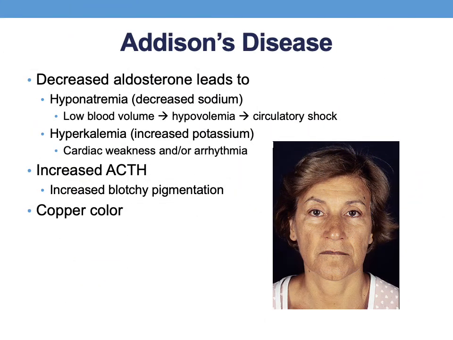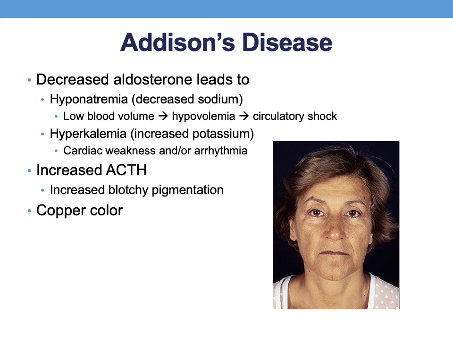Addison disease also decreases aldosterone, which leads to hyponatremia, decreased sodium. And if you don't have enough salt to hold on to the water in the extracellular fluid in the blood, then you're going to have low blood volume, which is hypovolemia.